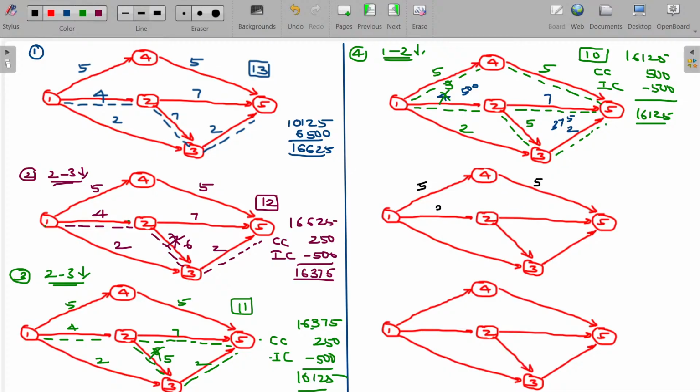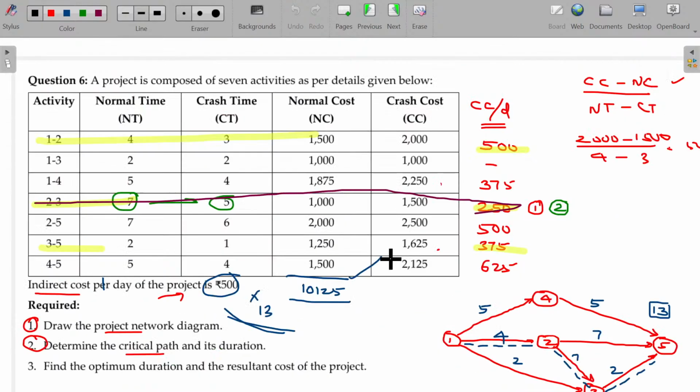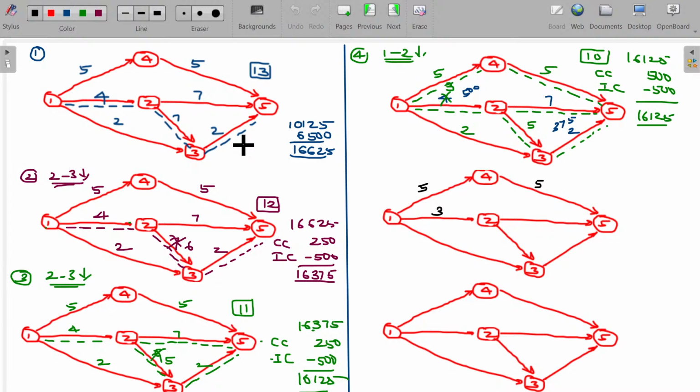And this becomes 3, 1 to 2. 1 to 2 cannot be reduced further, isn't it? It's 3. So you cannot reduce this further. And 2 to 3, 5 days only. This particular activity duration also cannot be reduced. We reduced the maximum. This one is 2, but there is no logic in reducing it, because a non-critical activity has no impact. And this will be 2 days. And this will be 7 days. Okay.